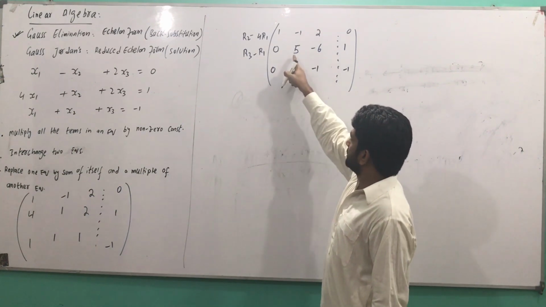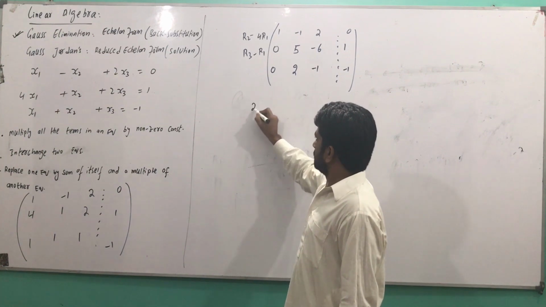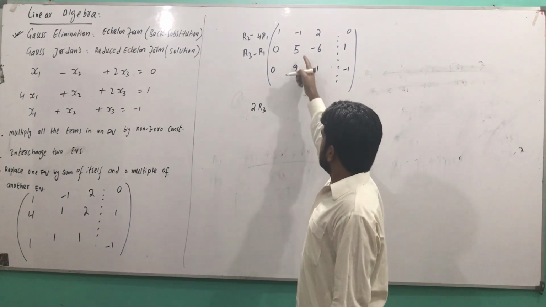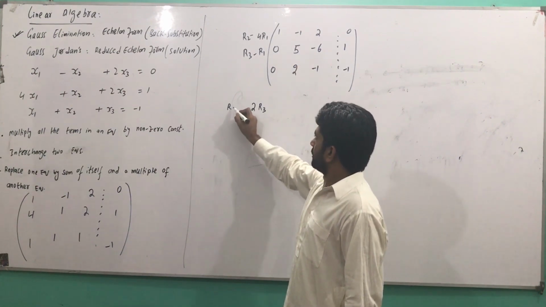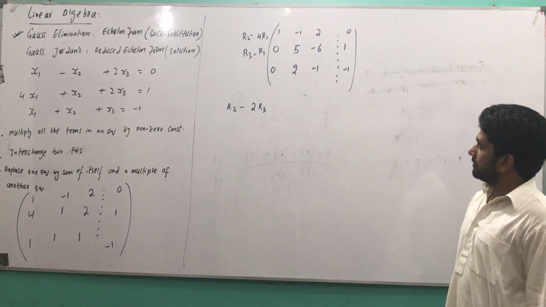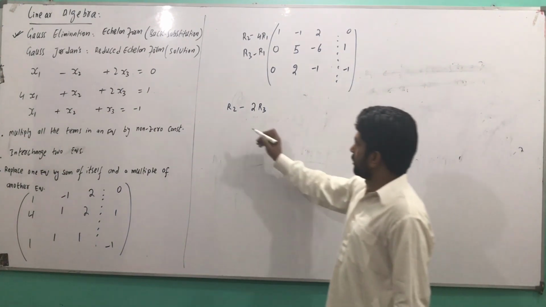So I am going to make this 1. When you multiply R3 by 2 and subtract from R2, that is R2 minus 2 times R3, 5 minus 4, you get 1. So let's do this operation.